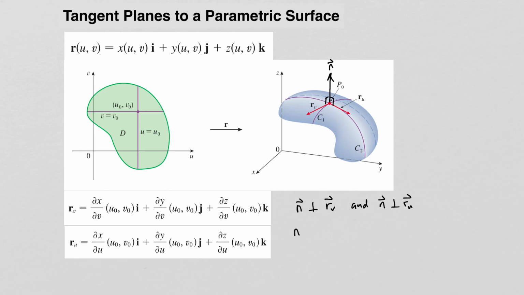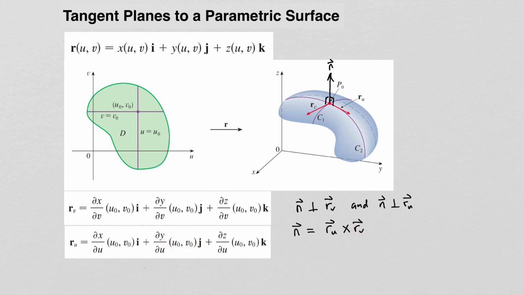So one possible candidate for the normal vector would simply be the cross product RU with RV, because we know that when we take the cross product of two vectors, we get a vector that's perpendicular to both. So we can find the equation of the tangent plane by simply finding that normal vector, which is nothing more than the cross product of these two vectors.